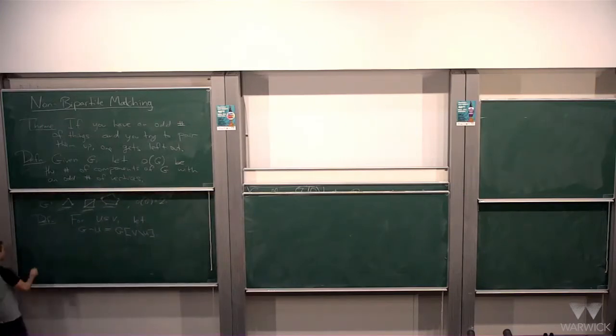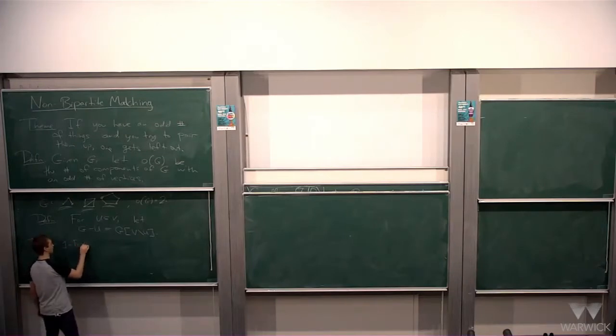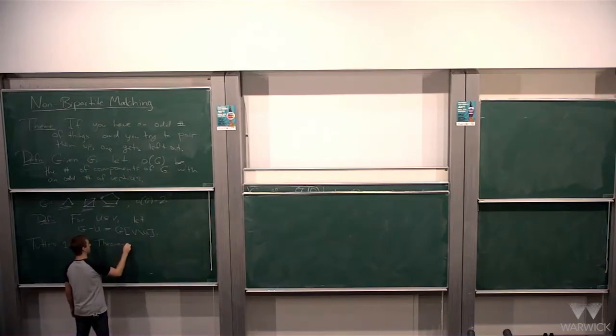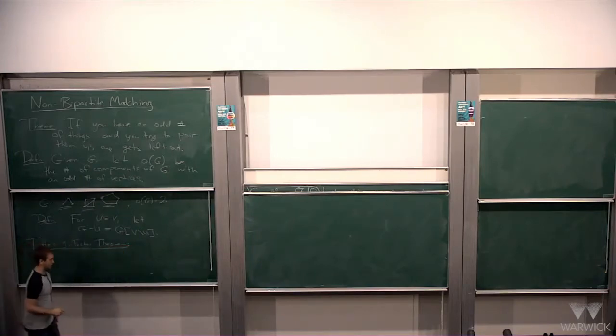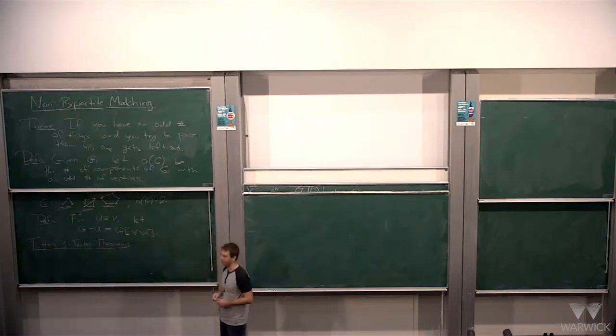A very fundamental result in matchings, going back to the 1940s, is called Tutte's one-factor theorem, because people used to call perfect matchings one-factors. Some people still do.